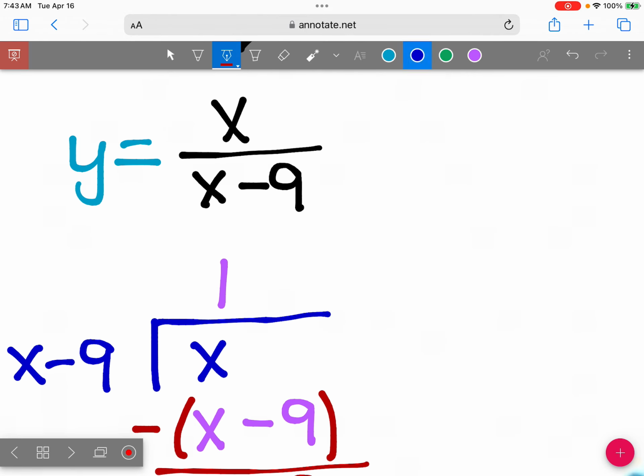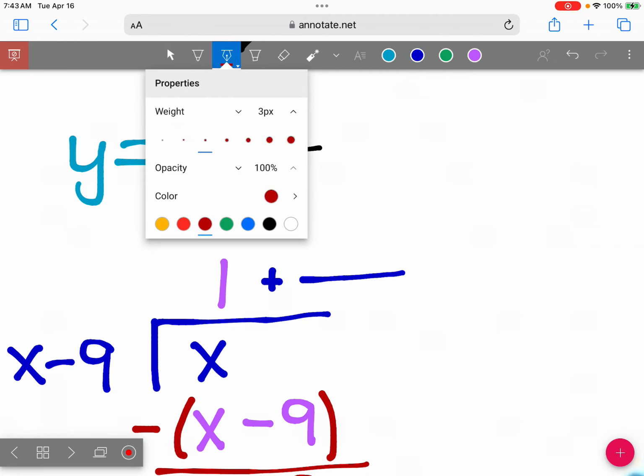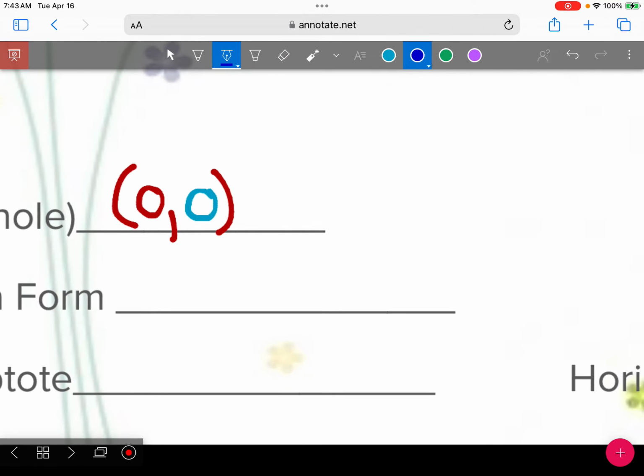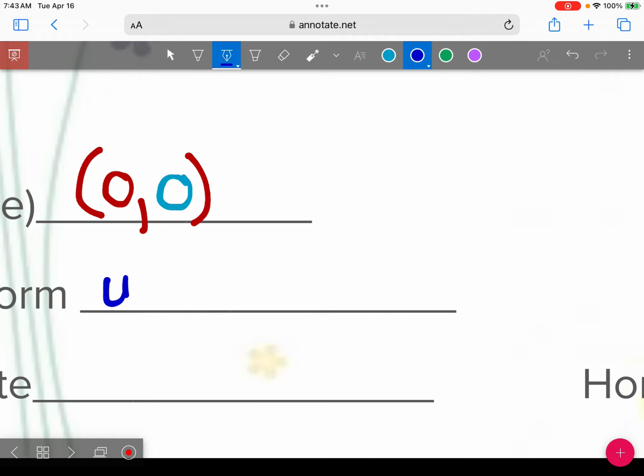So I'm going to, again, write this as my little mixed number, where I have my remainder of 9 over what we divided by, x minus 9. Which lets me switch it into our transformation form.